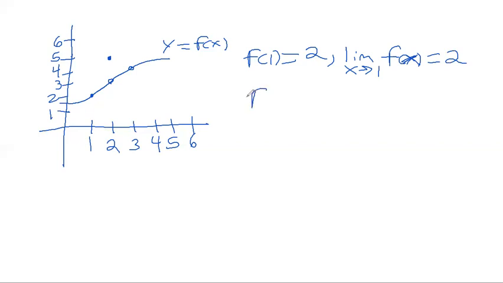Now let's say I want to find f of 2. Where's 2? Right here, and right here it's defined. It's a point. So f of 2 is 5. But now let's look at the limit as x approaches 2 for f of x.